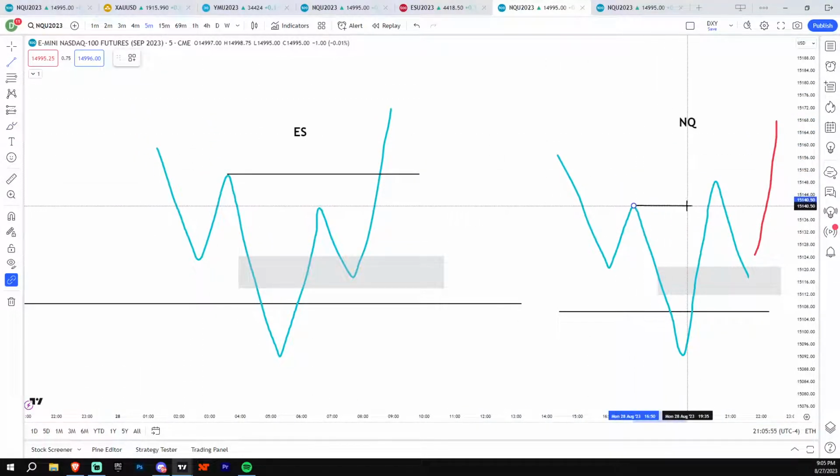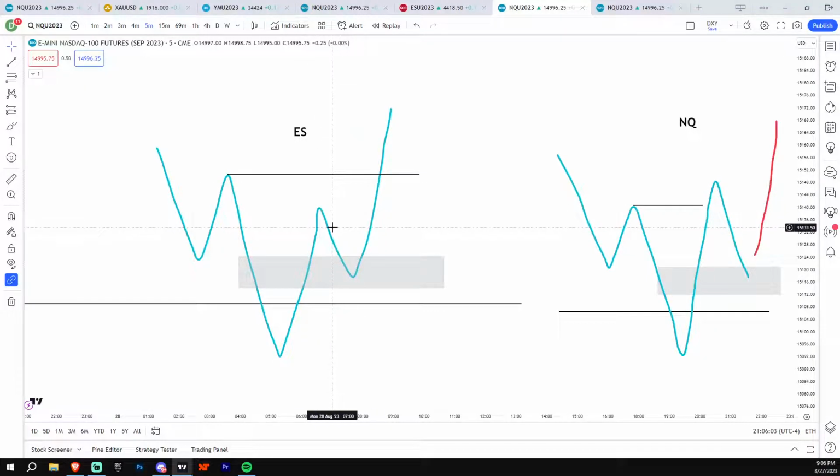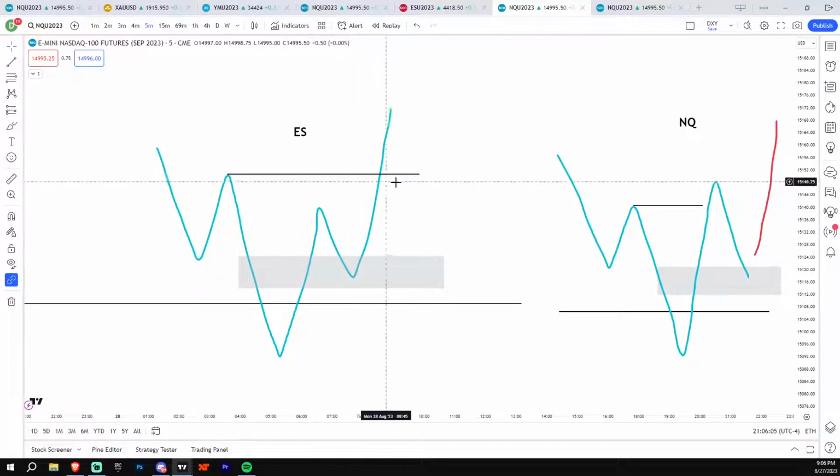See how in this situation NQ hit the high right here? This is one of my rules surrounding inversions, where I will not take an inversion unless, I'll show you when I will take it in a second.